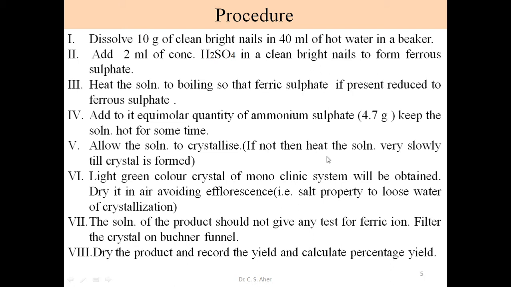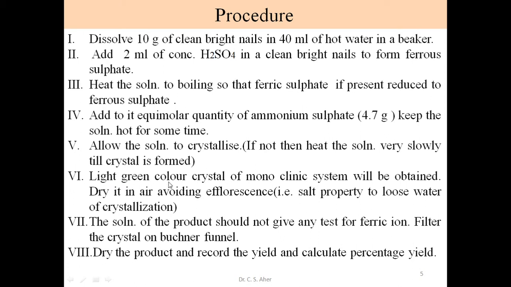We make a concentrated solution to achieve the crystallization point, removing the excess solvent, that is water, to attain it. This slow heating we carry out on a very slow flame or on an electric hot plate, adjusting the temperature and concentrating the solution to attain the crystallization point.